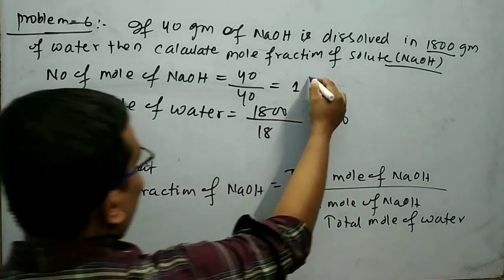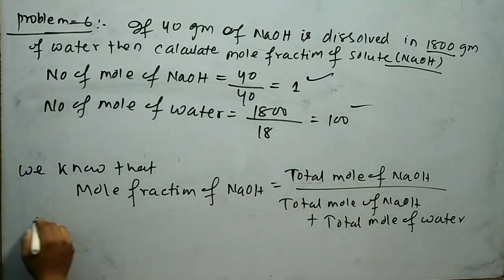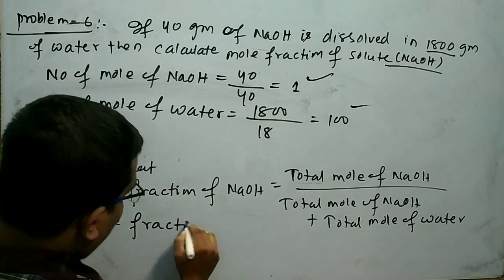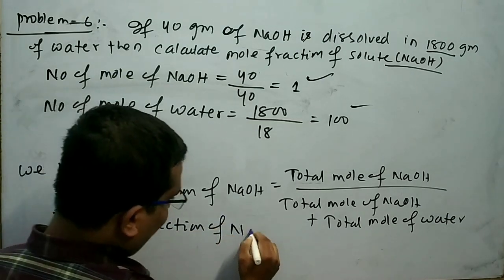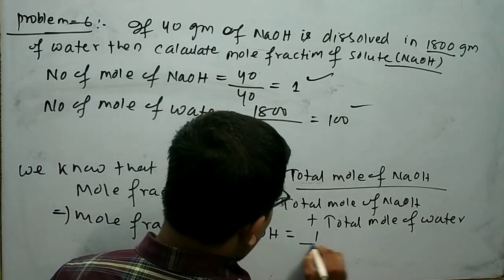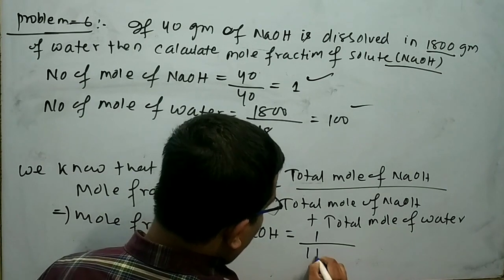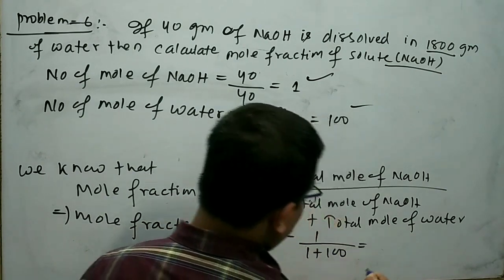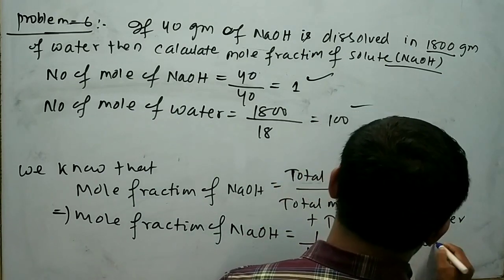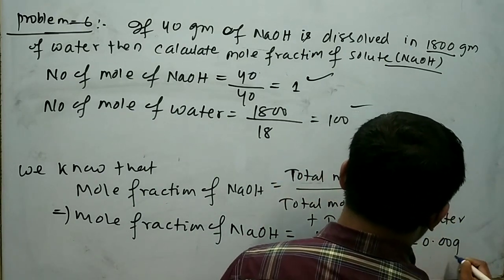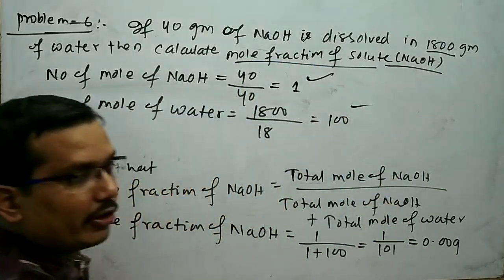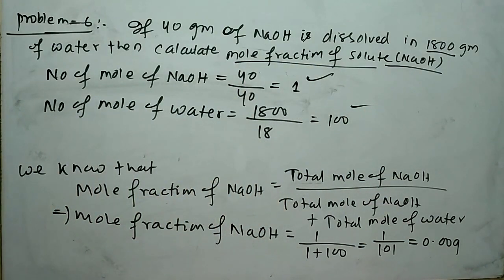Now put these two values here, then mole fraction of NaOH equals 1 by 1 plus 100, that is 1 by 101, equals 0.009. Our question is to find out the mole fraction of solute NaOH.